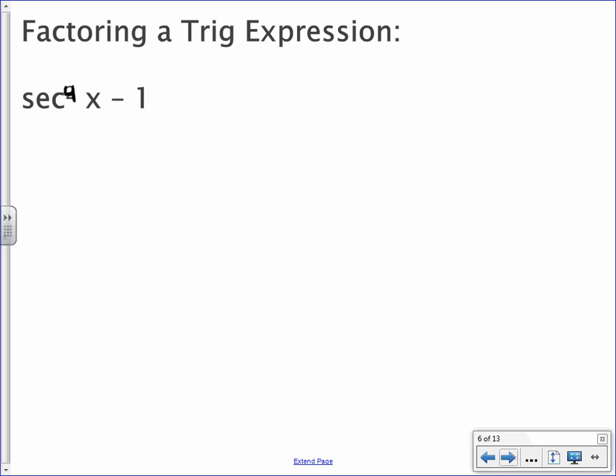Secant to the 4th x minus 1. How do we factor something like that? Like, what if it was x to the 4th minus 1? How do we factor something like that?